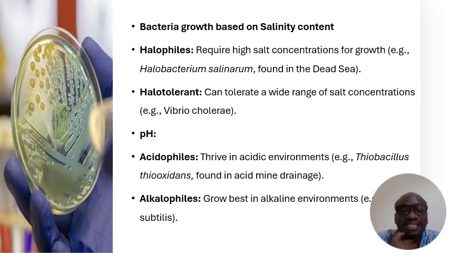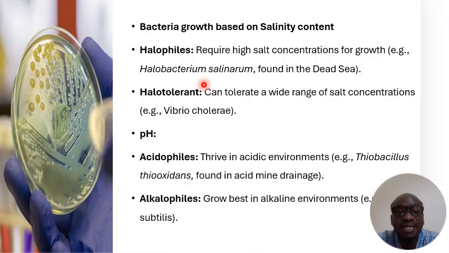In terms of salinity, microorganisms can also be classified based on their salt concentration adaptation requirement or tolerance. On the basis of their salt tolerance, we have what are called halophiles. Halophiles are those types of bacteria that require high salt concentration to grow.